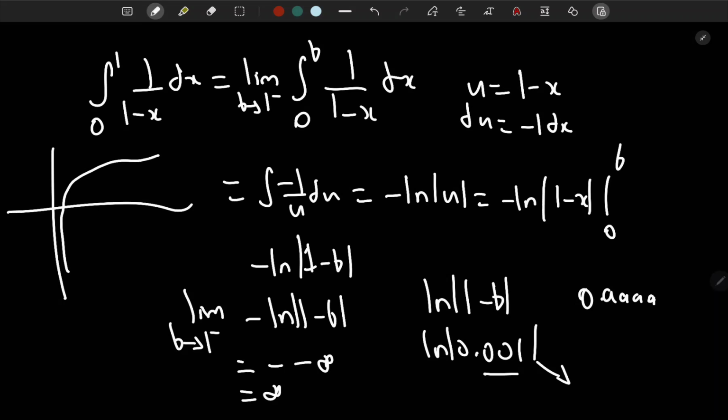So now let's do our last example, and the question is negative 1 to 1, and we have the integration of 1 over x to the power of 2 over 3 in the denominator. Now you might realize that the limits here don't make the integral undefined, but here we are facing an even bigger issue.